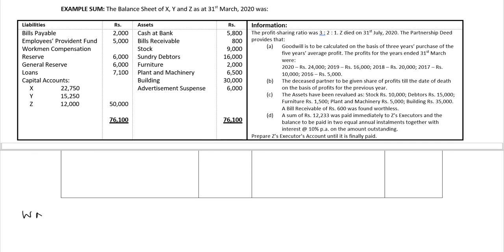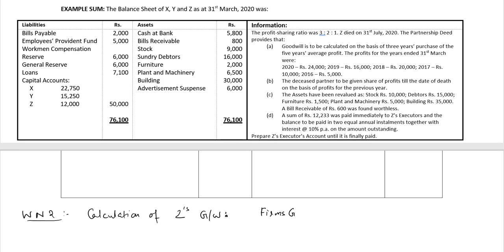So working note 2, calculation of Z's goodwill. We have firm's goodwill equal to 3 years purchase.